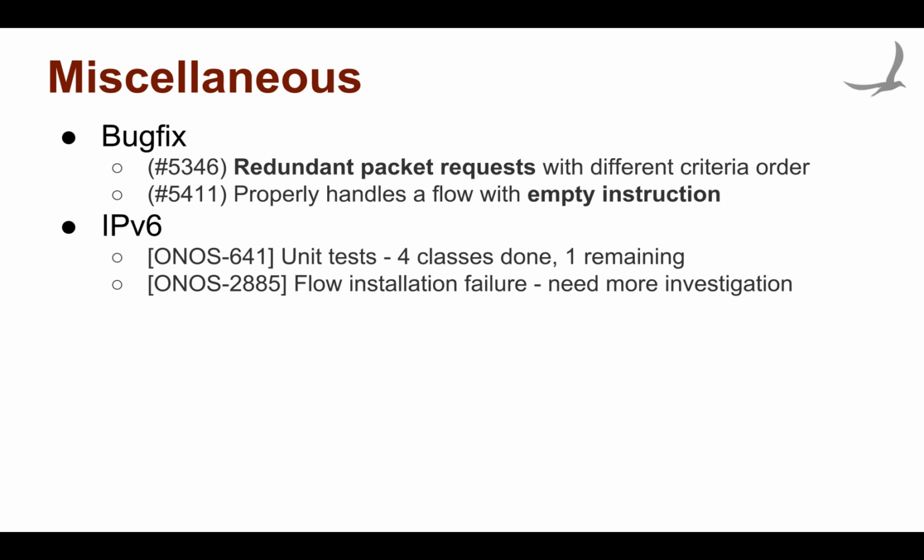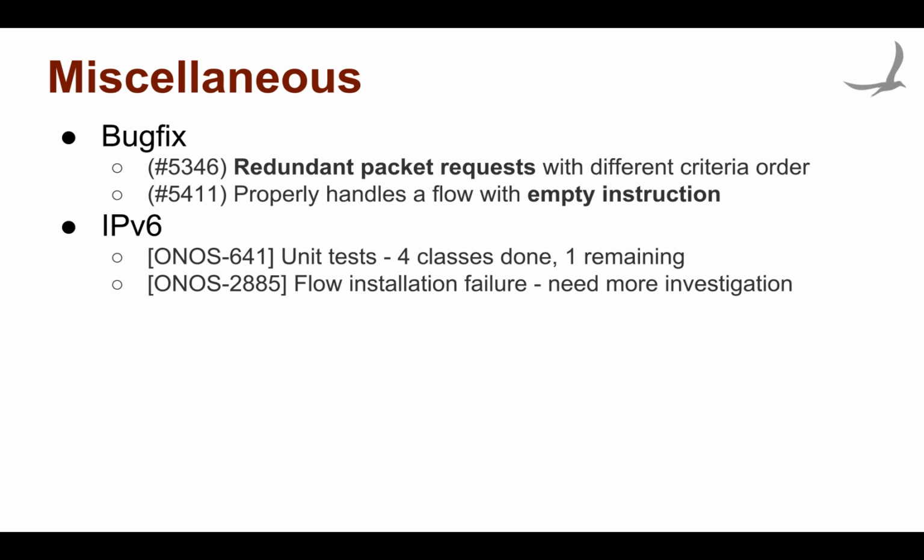So now we listen on both, and it's actually configurable. So via the component config, you can change the port that the OpenFlow protocol listens on. You can listen on as many ports as you want. And the other thing that we did was we also updated Mininet to use 6653 as a default.